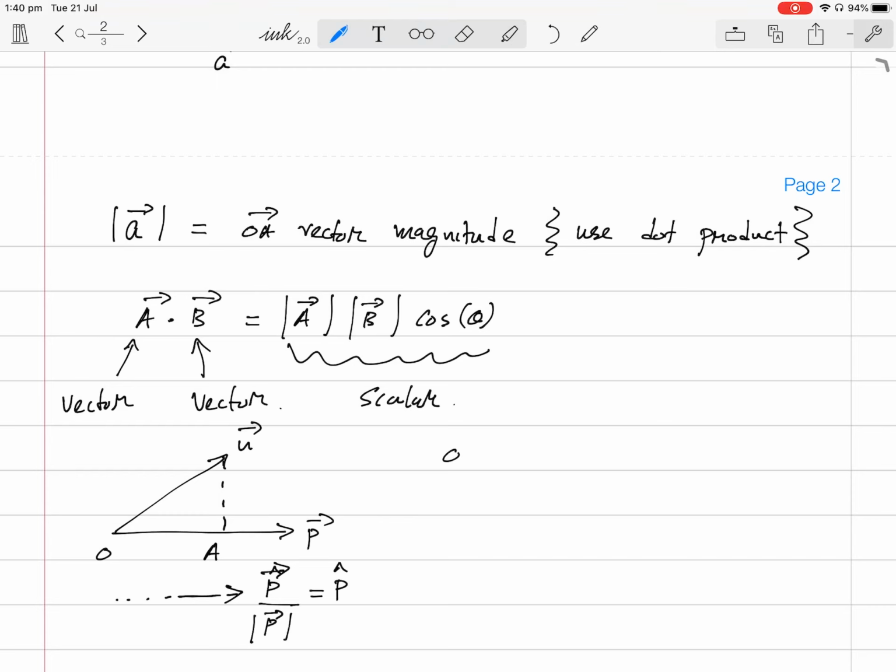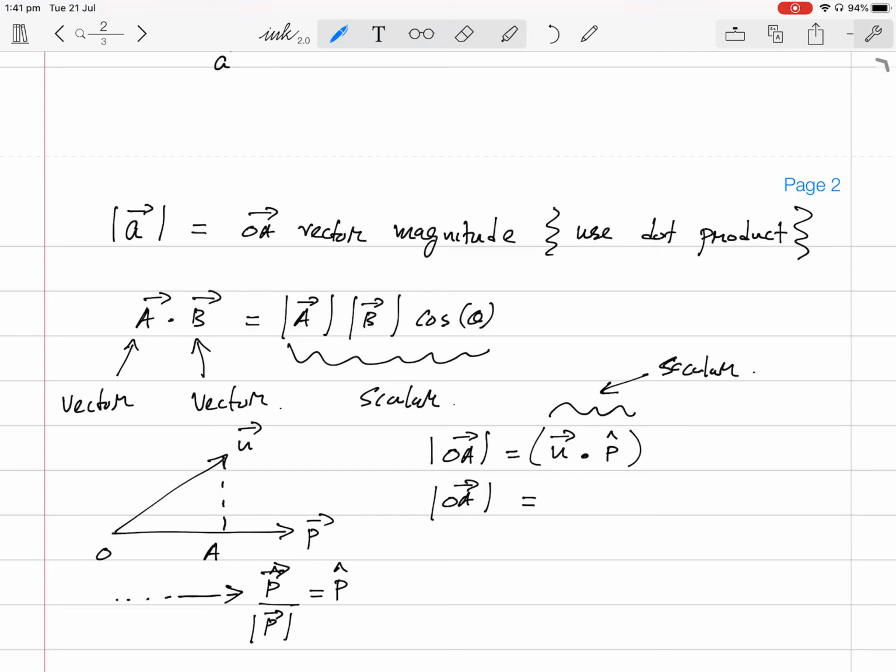To find OA distance, that would be u vector dotted with p hat vector. This will give you OA magnitude. Now, if you want to find out OA vector, you have to give a directional sense. So this whole thing is a scalar.